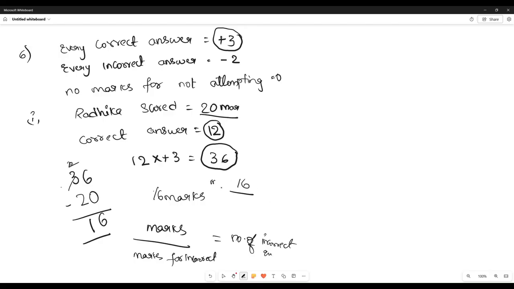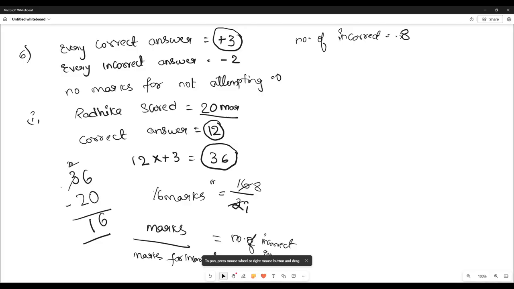So 16 divided by minus 2. We are just dividing by 2. 2 eights are 16. Number of incorrect questions equals 8 for Radhika.